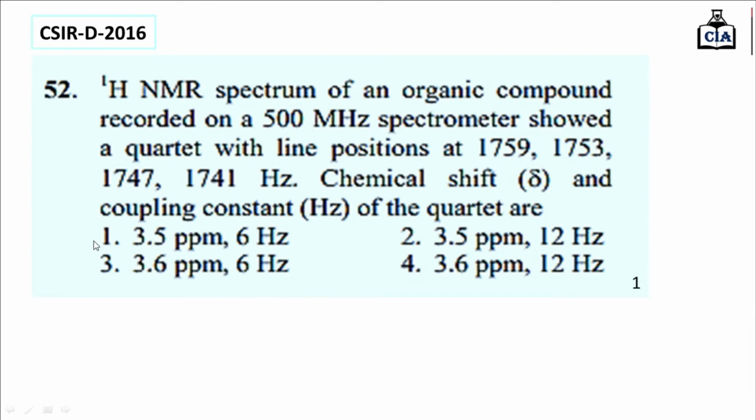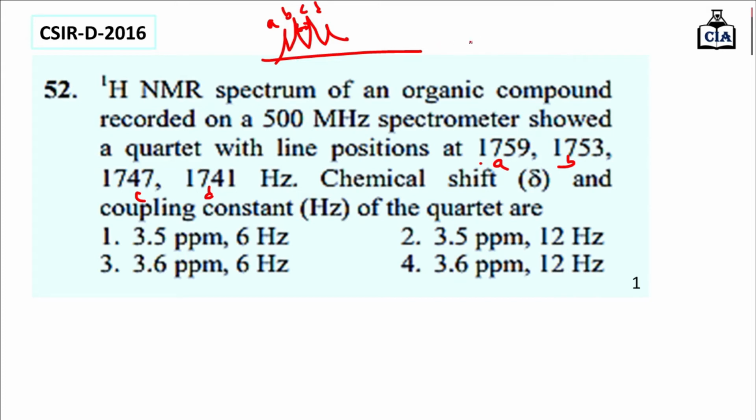Now next question from the CSIR December 2016. In this question we have to find the correct value of chemical shift and coupling constant. The compound shows a quartet at these 4 values, that is A, B, C and D, and the quartet looks like this. Suppose these are A, B, C and D, and the difference between two adjacent peaks is called the J value.